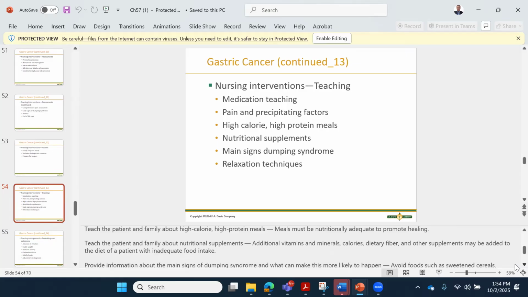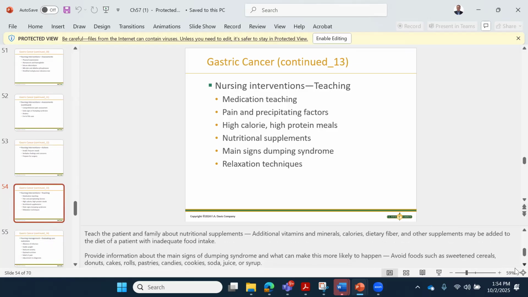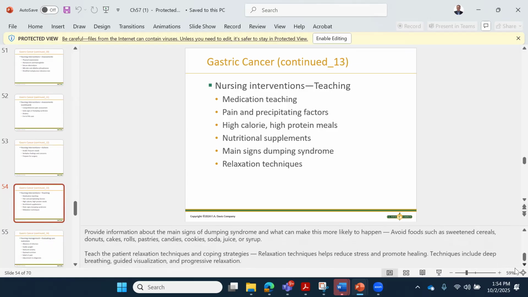And again, to be able to recognize signs of dumping syndrome and to have a good idea of what types of foods they can tolerate. Some foods are going to be more likely to induce dumping syndrome than others.